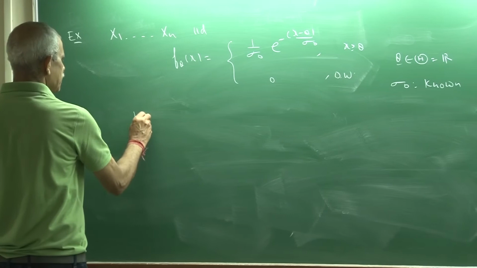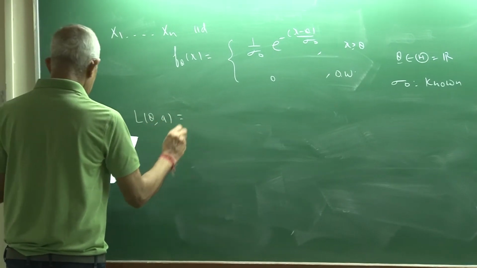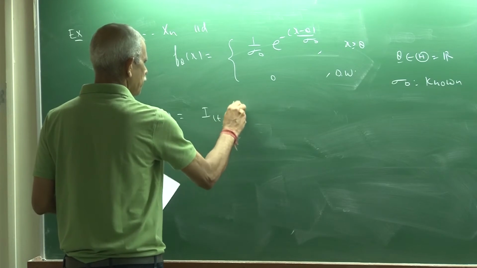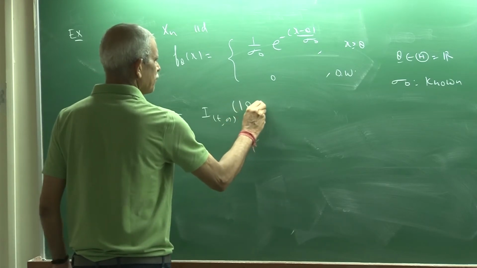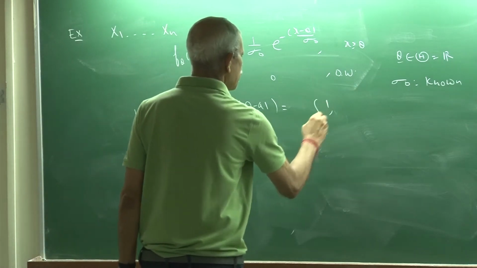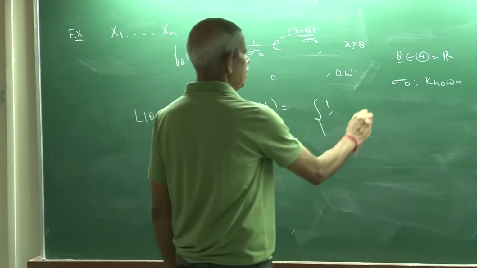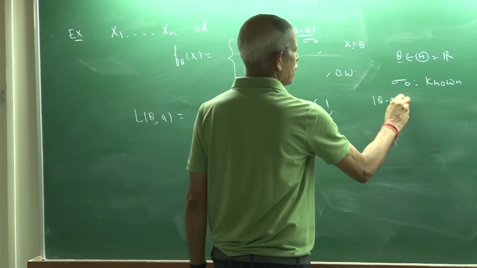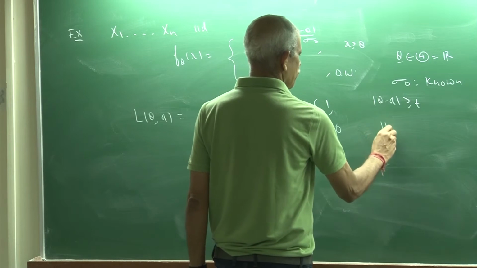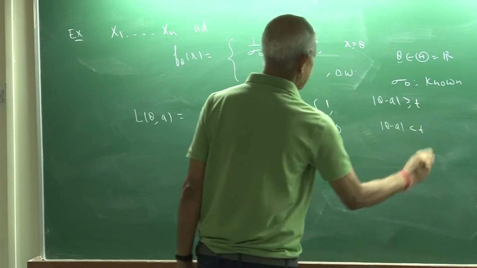My loss function, which I take, is the indicator function of t to infinity of mod of theta minus a. What it means is this is 1 if mod of theta minus a is greater than or equal to t, and 0 if mod of theta minus a is less than t.